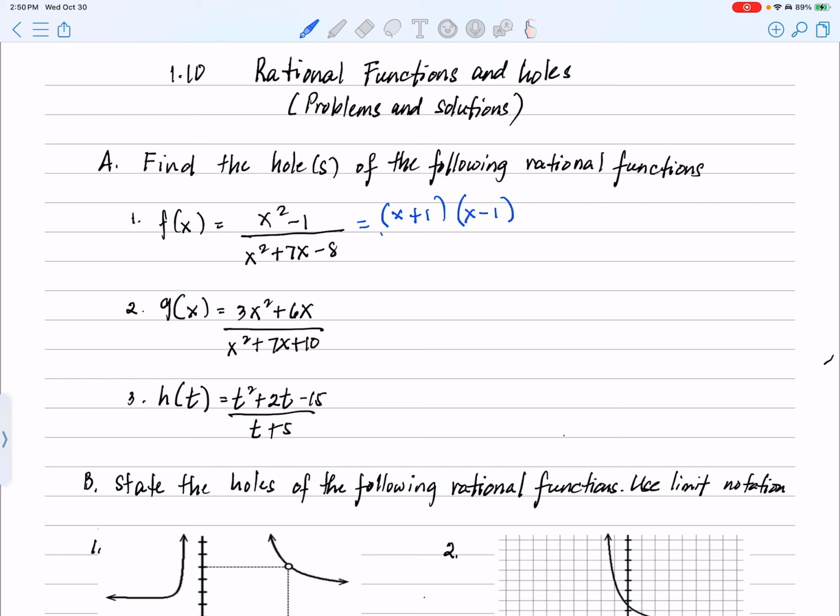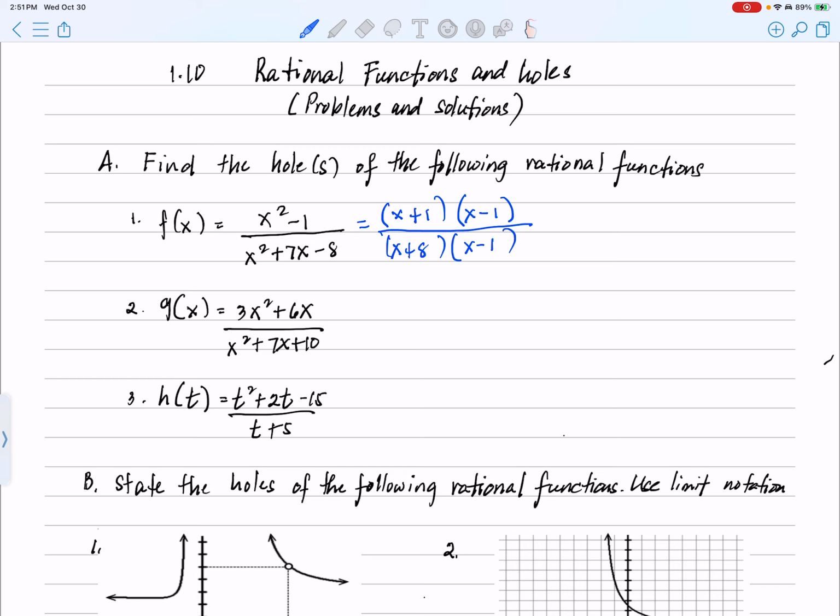As to the denominator, we have x squared plus 7x minus 8. So we have to factor using the value of 8 as the subject for our factors. Because the middle term is 7, it should be 1 and 8. So x plus 8, since our middle is positive, and x minus 1.